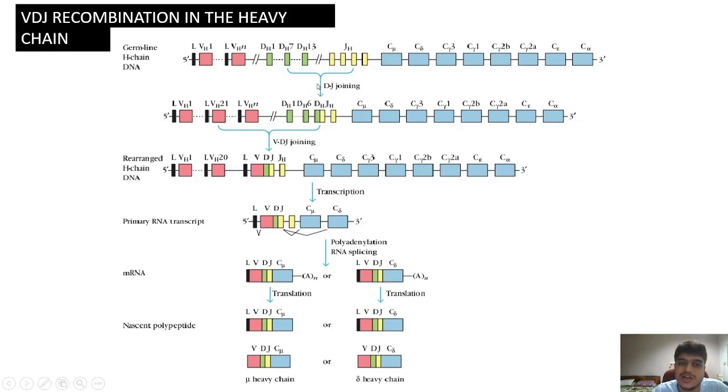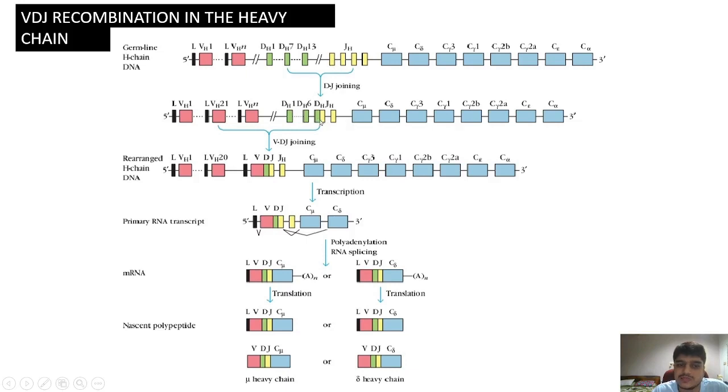So here the first step is recombination or joining between D and J. Again, you have many D segments, that is diversity segments, and many J, that is joining segments. So through permutations and combinations, any one of these D segments can recombine with any one of these J segments to give a DJ segment.